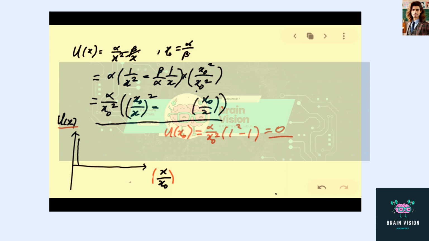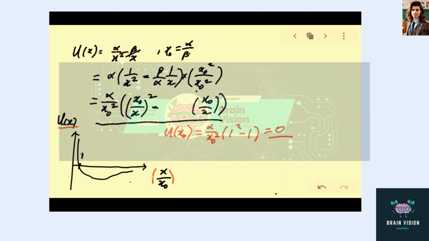The graph would look something like this. Sorry, this is not x naught, this is the value of 1, where x is equal to x naught.